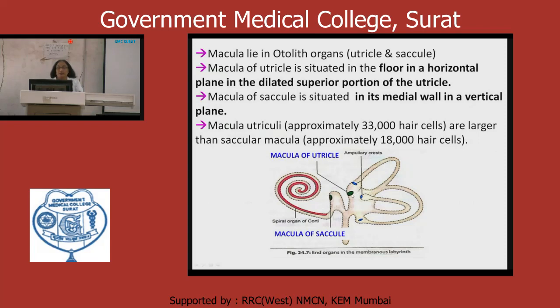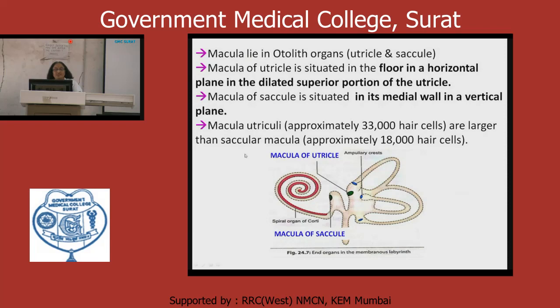The macula of the saccule is situated in the medial wall. Here is the medial wall and here is the lateral wall. So the macula of the saccule is situated in the medial wall in a vertical plane. You can see the difference: the macula of the utricle is in the floor in the horizontal plane, and the macula of the saccule is in the medial wall in the vertical plane. These are the two important features.